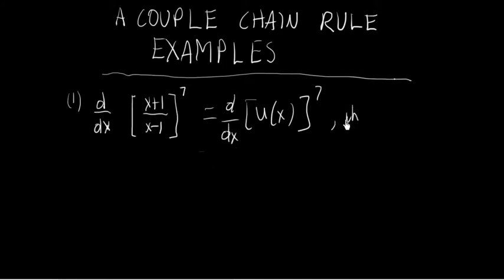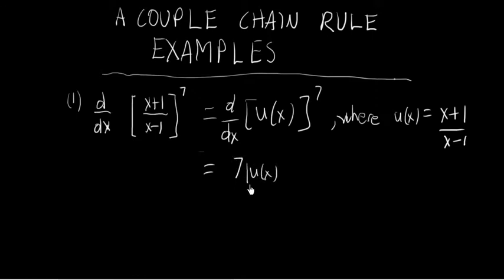where u of x equals x plus 1 over x minus 1. So the derivative with respect to x of u of x to the 7th is going to be 7 u of x to the 6th power times the derivative of u with respect to x.